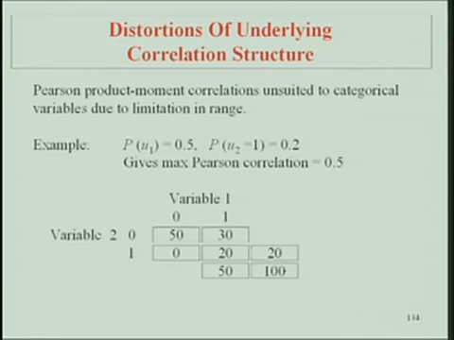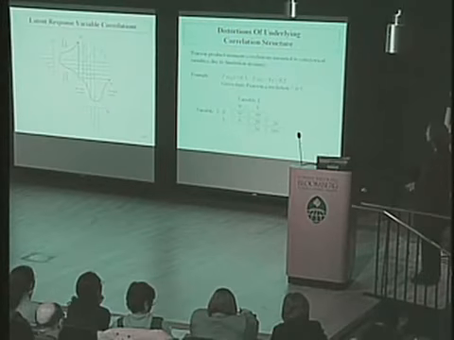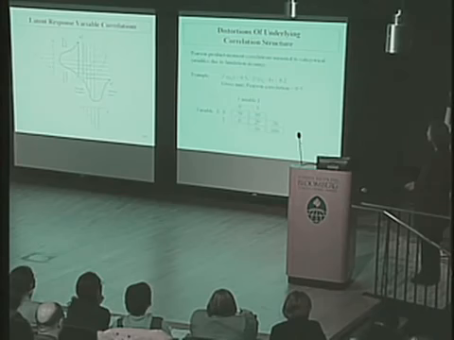So for example, if you look at the table below, you have a situation where your marginals are 50 and 20. We have a table with 4 cells: the 0,0 cell has 50, the 0,1 cell has 30, the 1,0 cell has 0, and the 1,1 cell has 20.